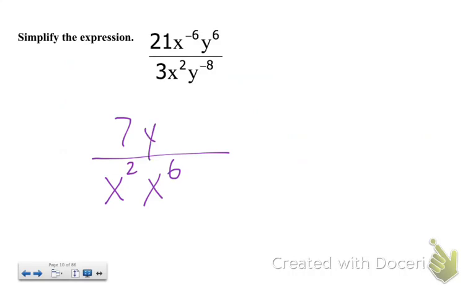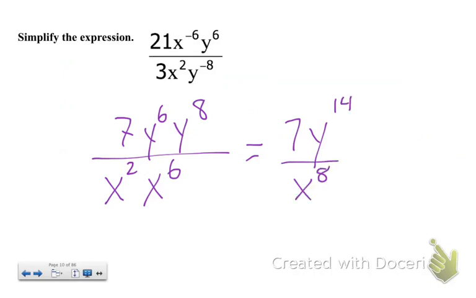Y to the 6 can stay. And then y to the negative 8th is in the denominator, so to make it positive I'm going to move it to the numerator. Now remember, when you are multiplying, the exponents are being added. So 7y to the 14th divided by x to the 8th. And that would be your final answer.